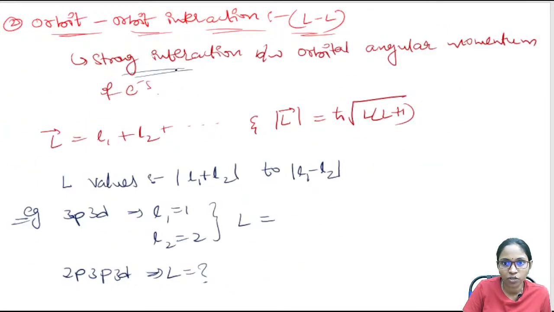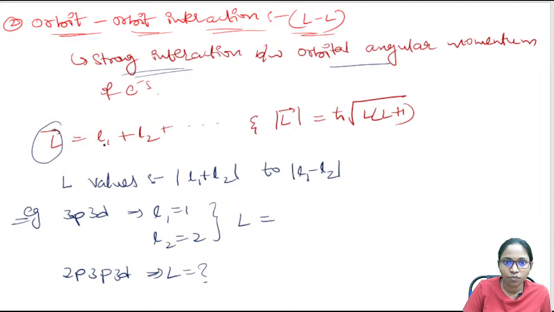Also, the orbit-orbit interaction is a strong interaction for LS coupling. So the strong interaction between the orbital angular momenta of individual optical electrons gives you the total orbital angular momentum, and it will be equal to L1 plus L2 and so on.